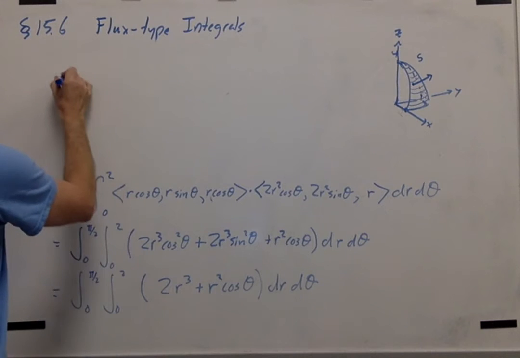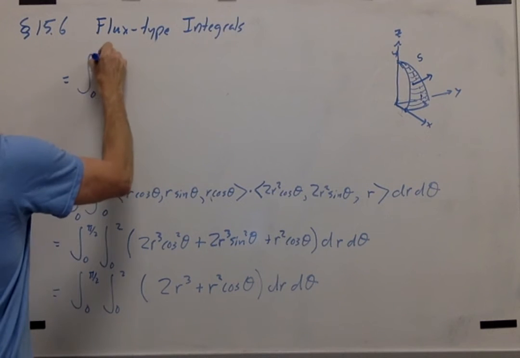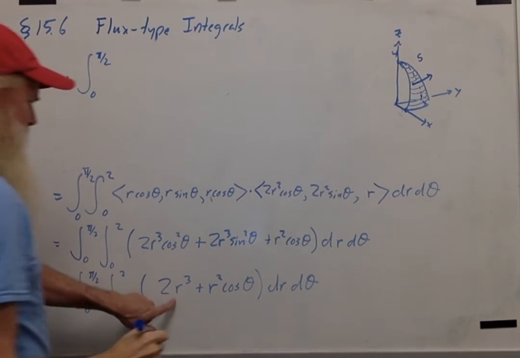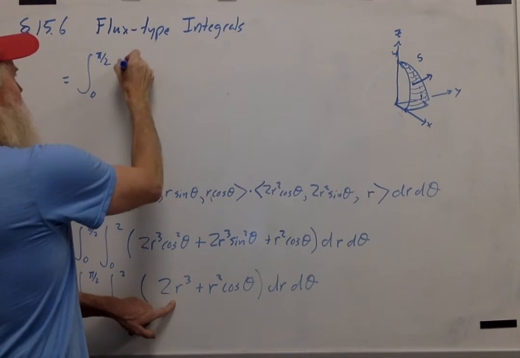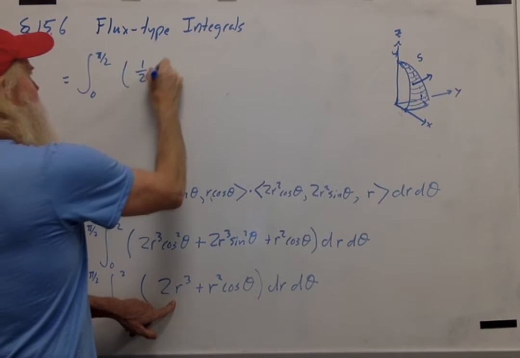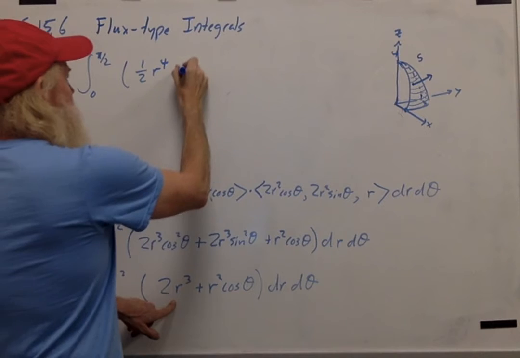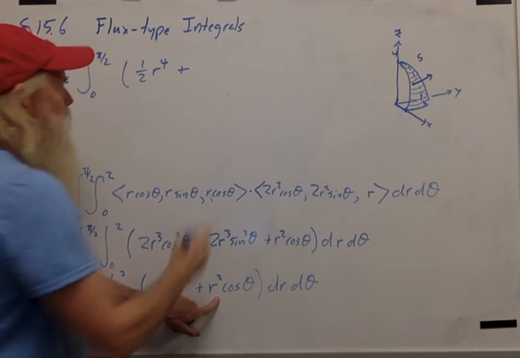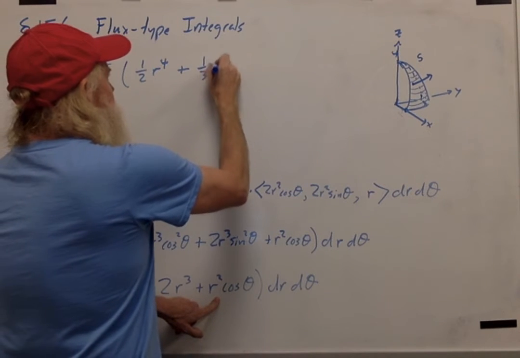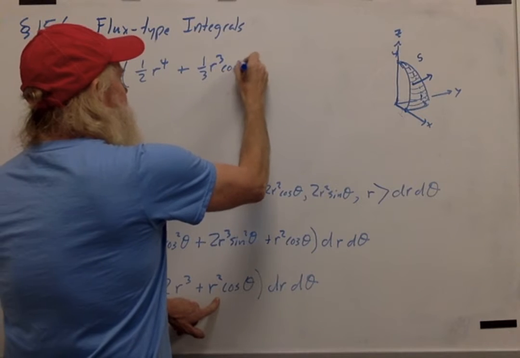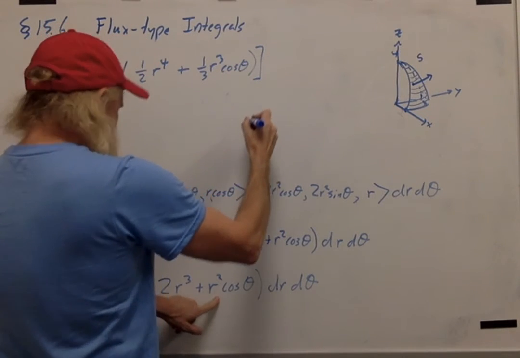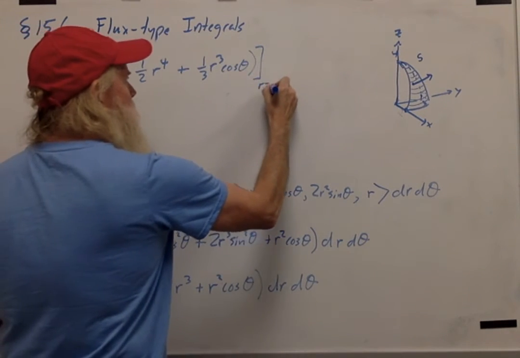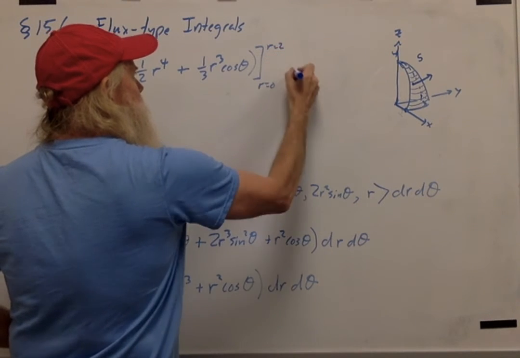Integrating with respect to r, I will have 2/4 r to the fourth, so a half r to the fourth, plus 1/3 r cubed cosine theta, taken from r equals 0 to r equals 2.